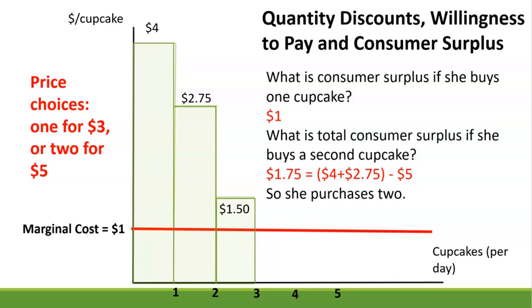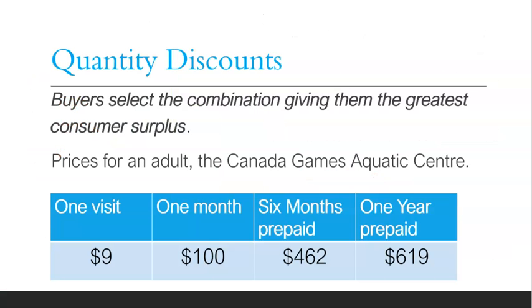Well, these kinds of quantity discounts are really quite common. We go to Uptown Saint John, to the Canada Games Aquatic Centre. In effect, what we've got is a kind of quantity discount here. For an adult, if you just make 1 visit, you pay $9.